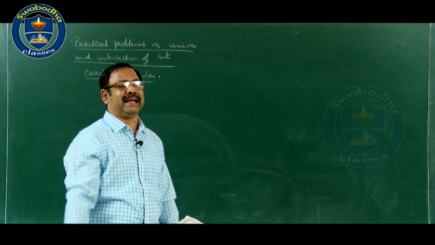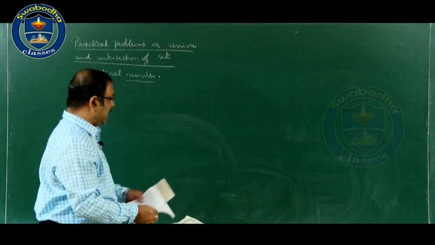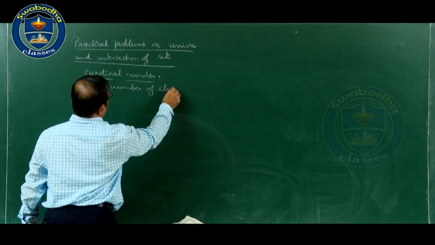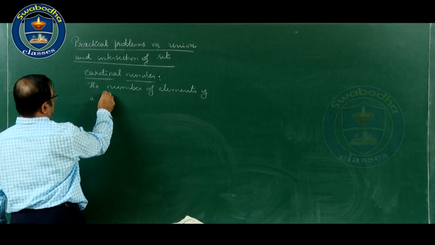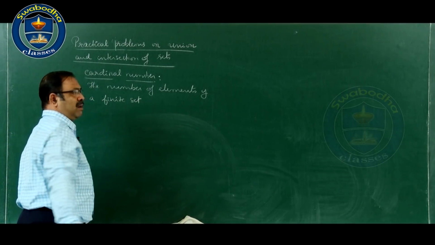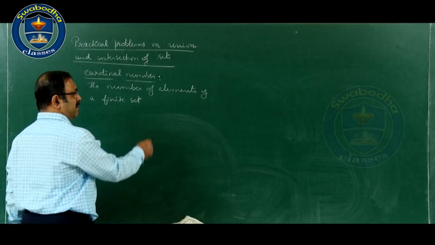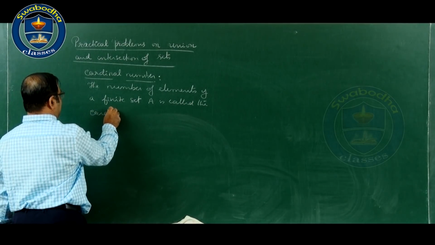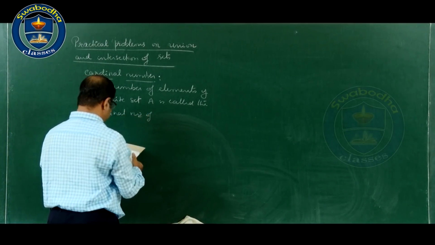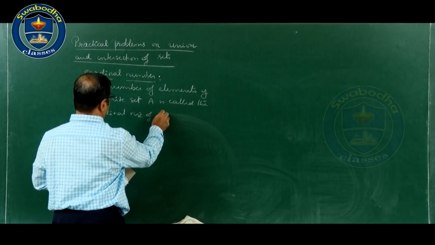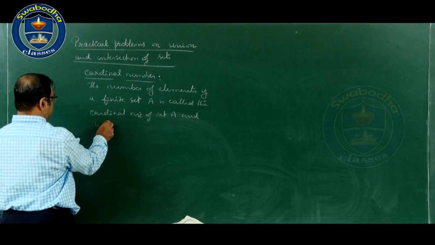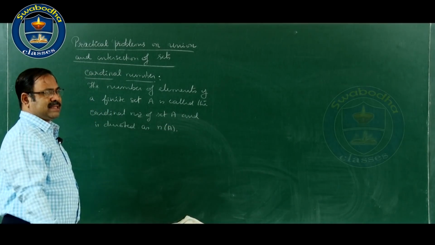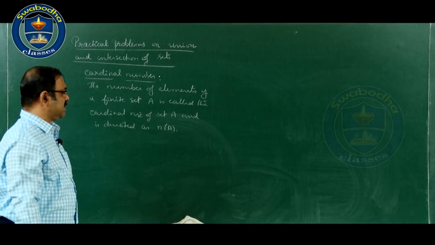The number of elements of a finite set A is called the cardinal number of the set A, and is denoted as n of A.